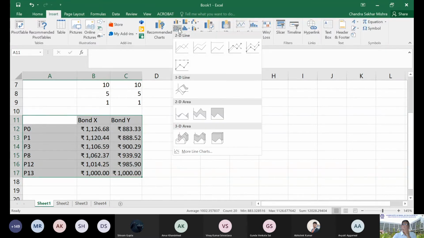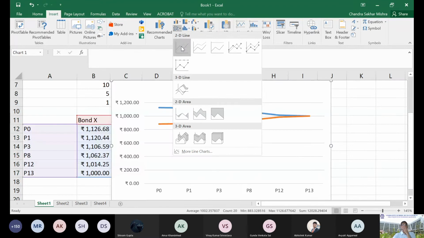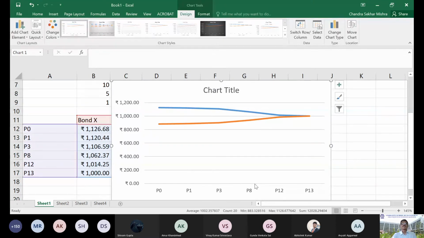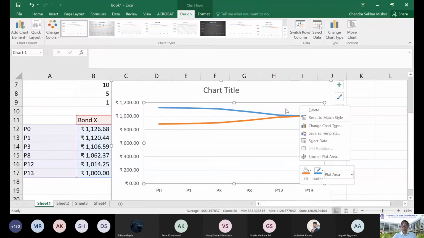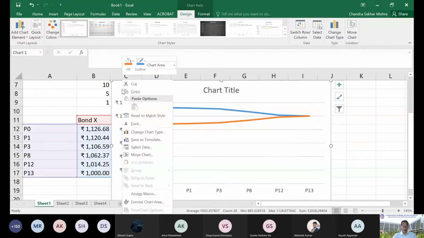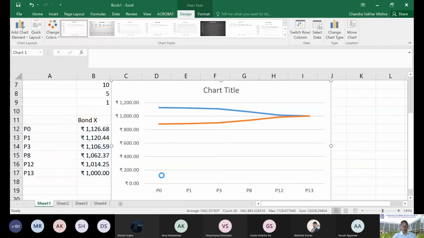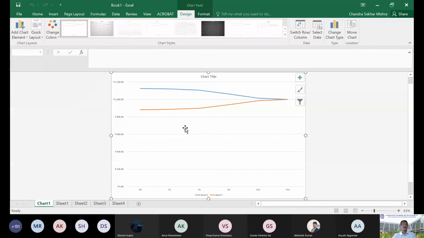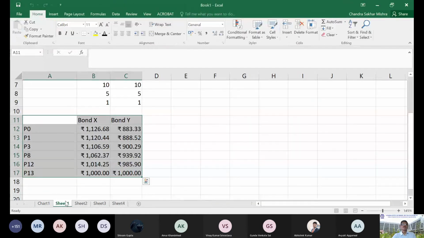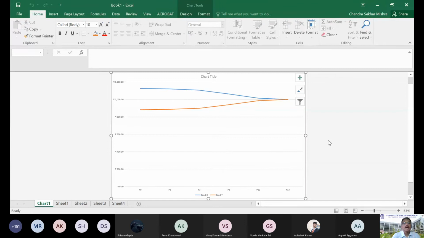Let me see if I can do this. Okay, very good. Can you see the graph here? Yes, sir. So you can see here, at the end of the day, all of them go towards the maturity value, that is 1000 rupees.